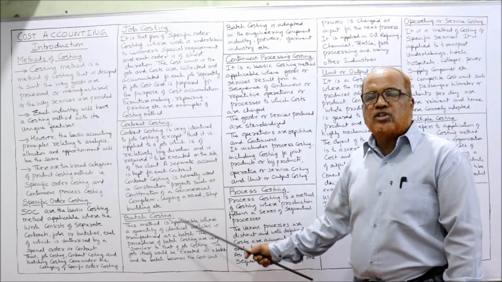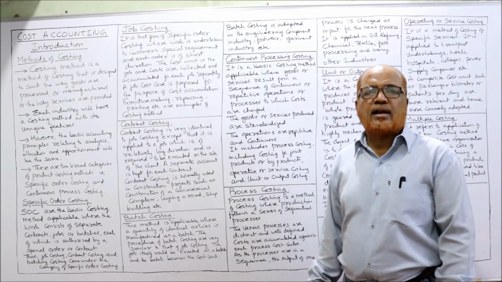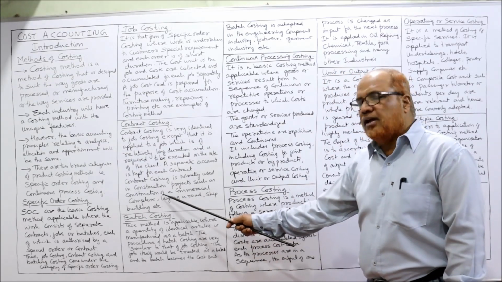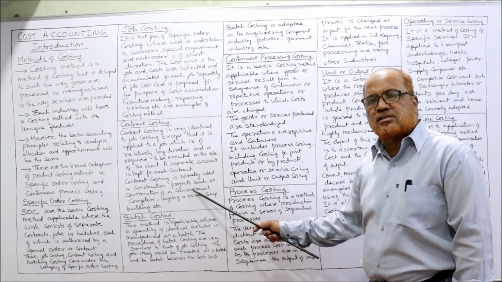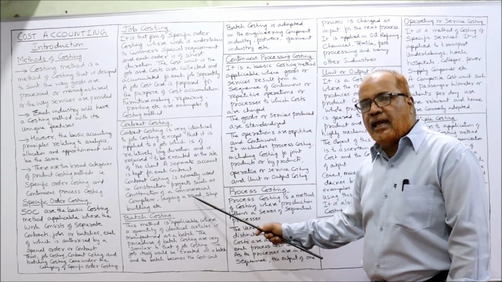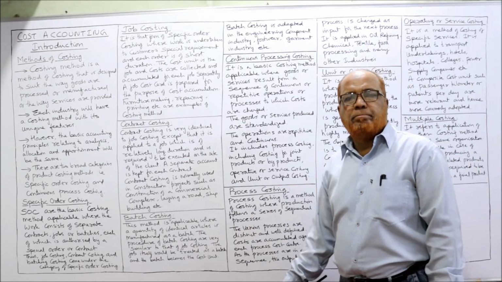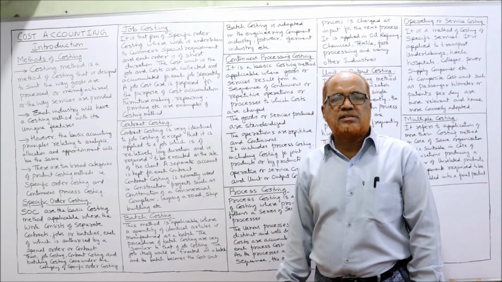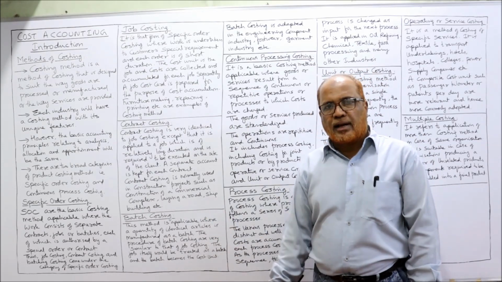In which types of businesses will contract costing be applied? It will be applied in construction of commercial complexes, laying roads, or shipbuilding. These businesses apply contract costing.